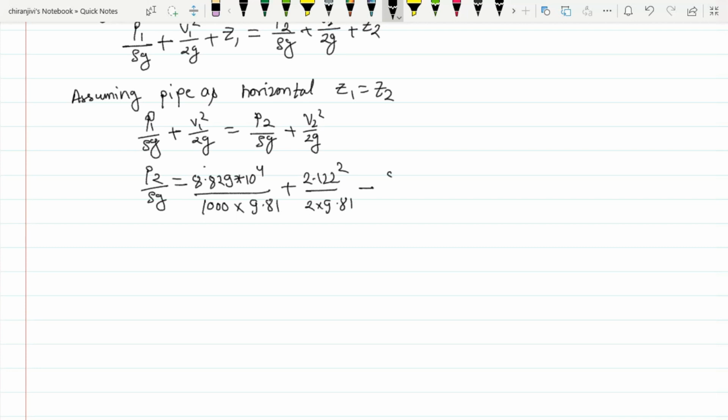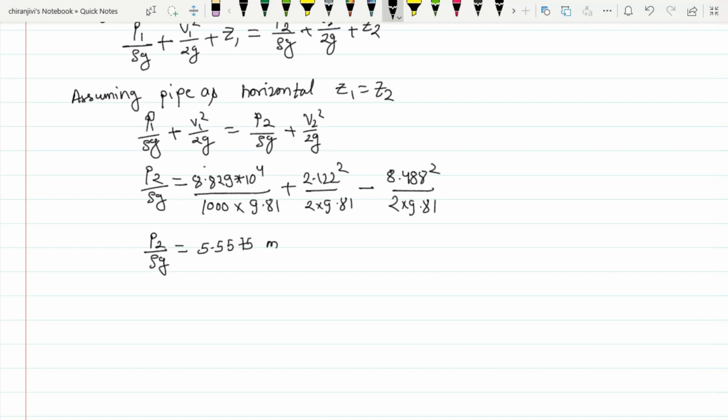V2 is 8.488 square upon 2 into 9.81. So we can calculate using calculator. P2 upon rho g comes to be 5.5575.